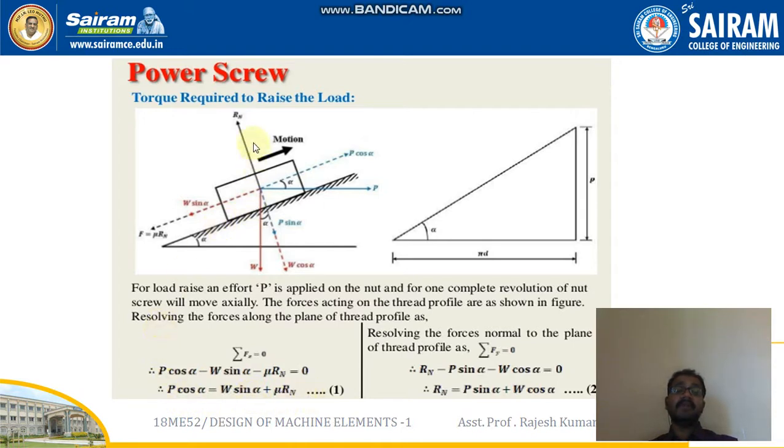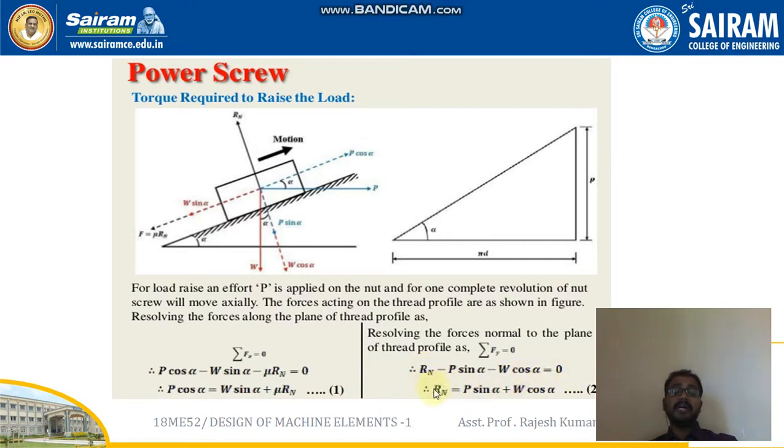Similarly, let me consider the vertical forces. What are the vertical forces I have? I have a normal reaction, P sin alpha, and W cos alpha. The load applied in the positive y direction should be considered positive, and in the negative y direction it should be considered negative. So the summation of all vertical forces is equal to 0: plus Rn minus P sin alpha minus W cos alpha equals 0.